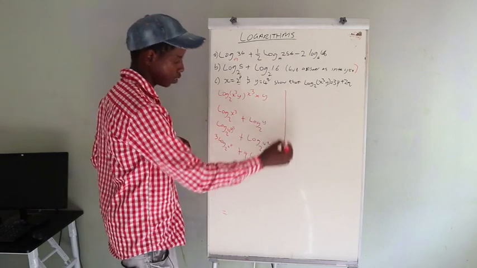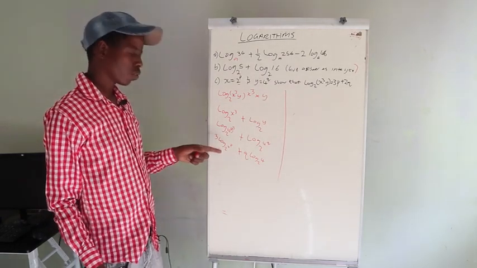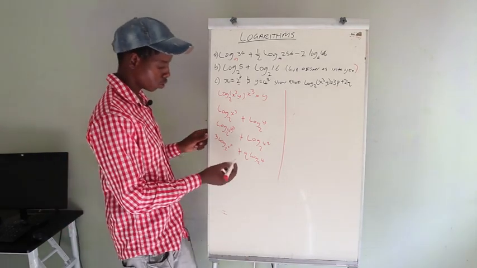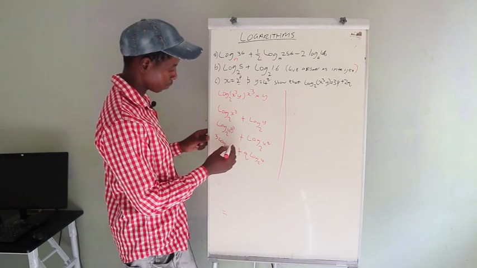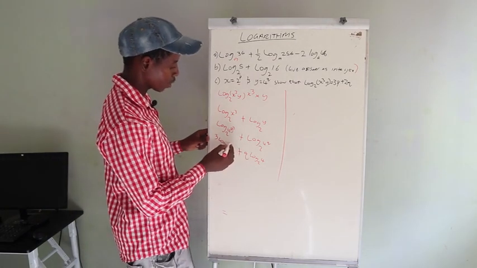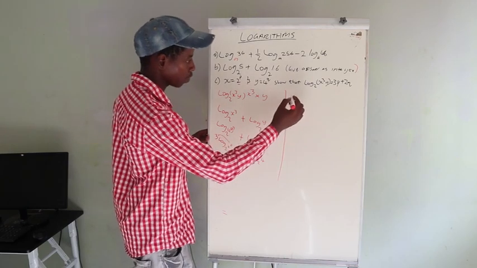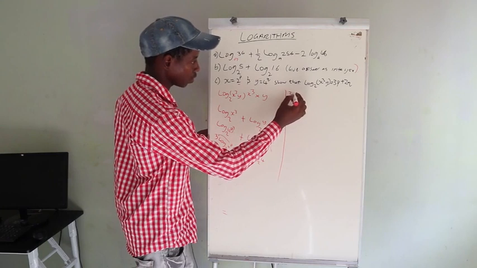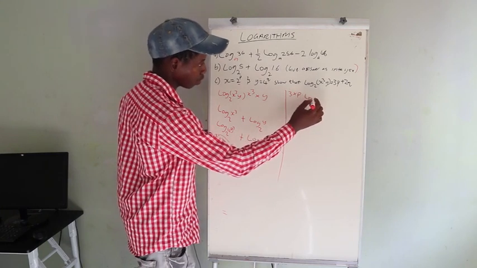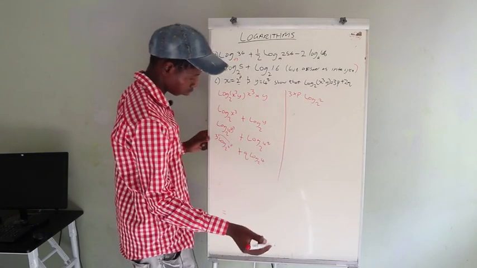So in this step we need to simplify it further. We're going to take this p again and multiply it with 3. So we will have 3 times p log 2 of 2.